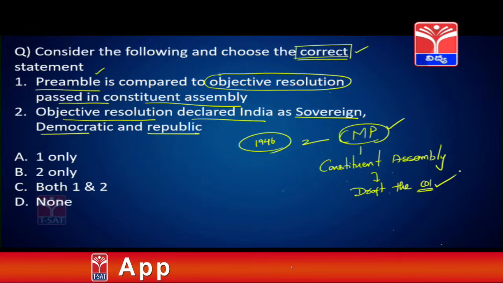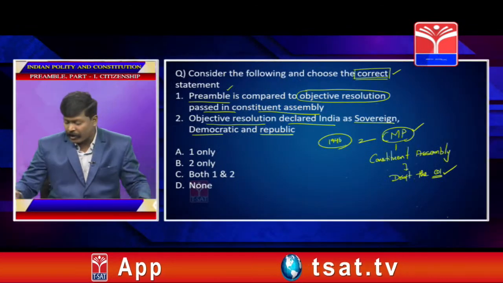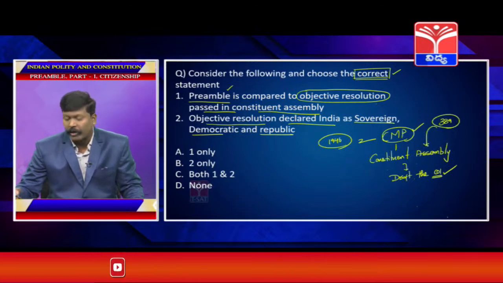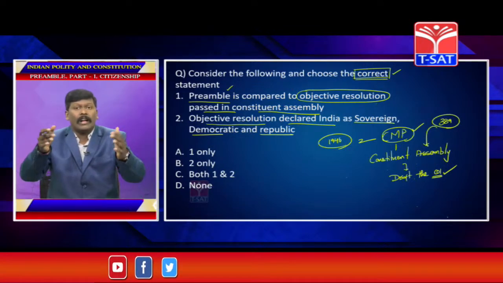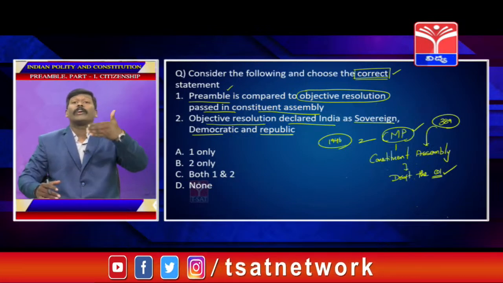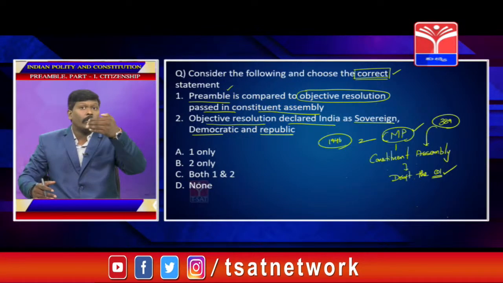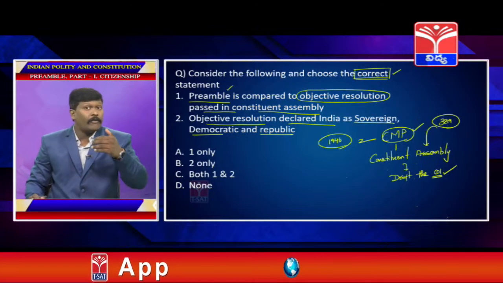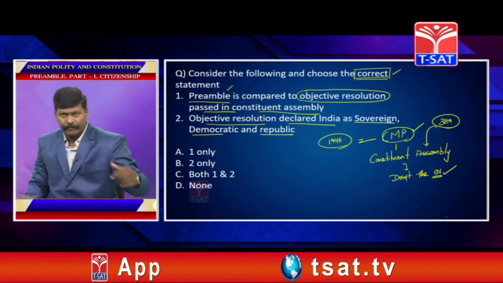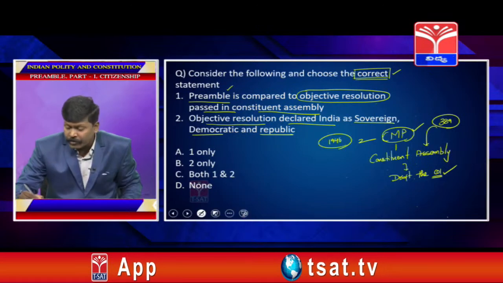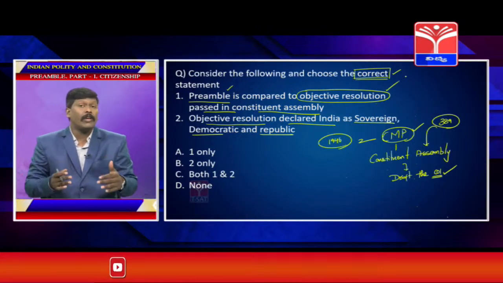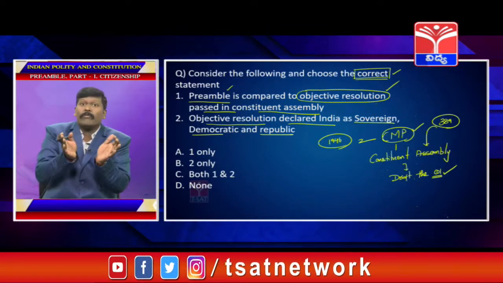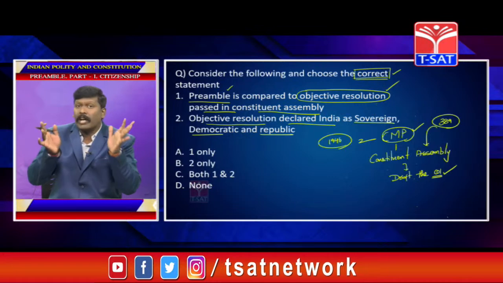Now, to draft the Constitution of India, all the 389 members who are part of the Constituent Assembly came together to discuss what should be the objective, how you wished India to be, how you wish to see India in the future. And that is called the objective resolution. A resolution which consists of objectives, how each and everyone wants to see India in the future.